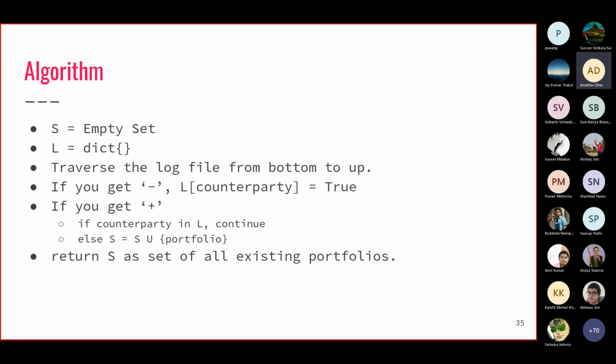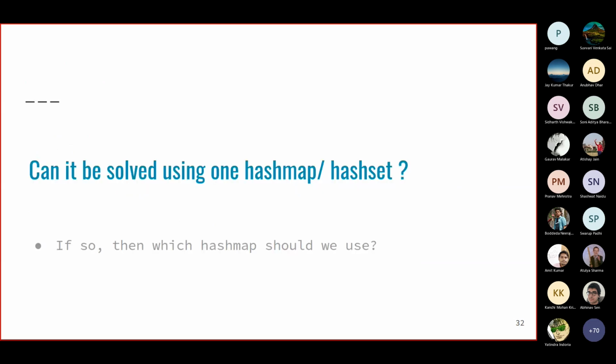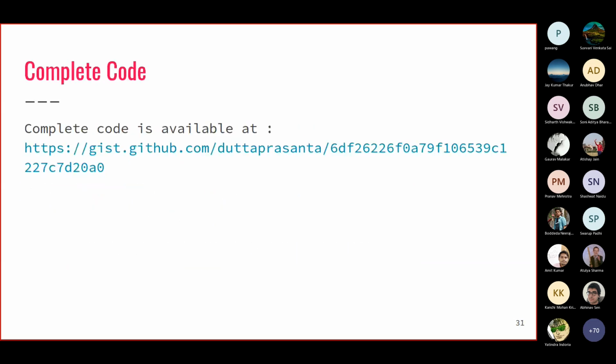We have already solved this previously, right? So we can maintain an array of number of unique portfolios or number of total transactions, and if it is already there, then we shall put them as true, and we shall not insert that again.